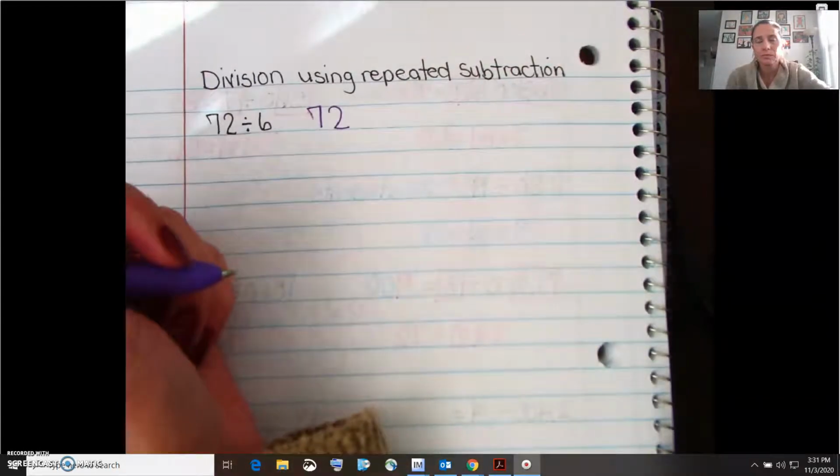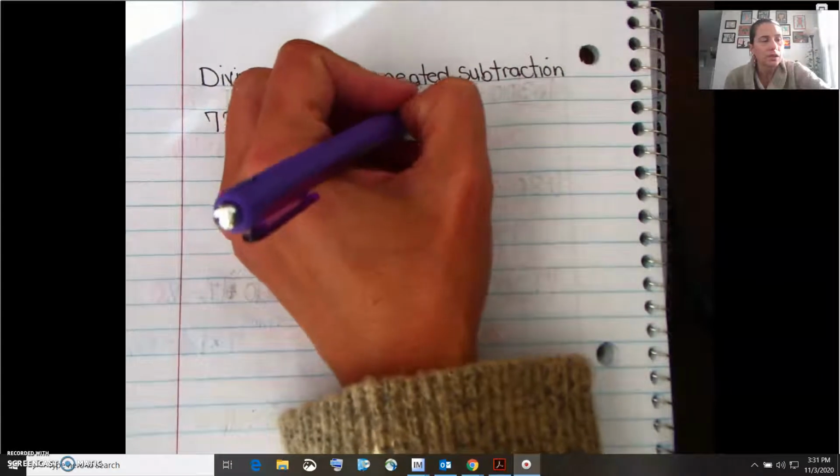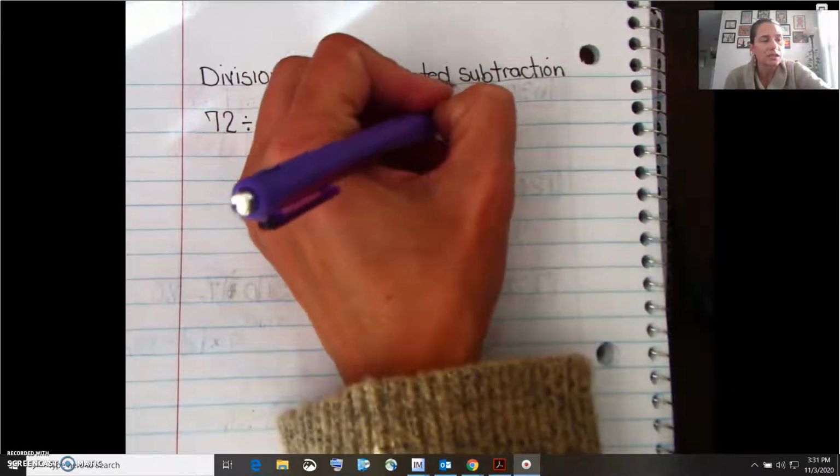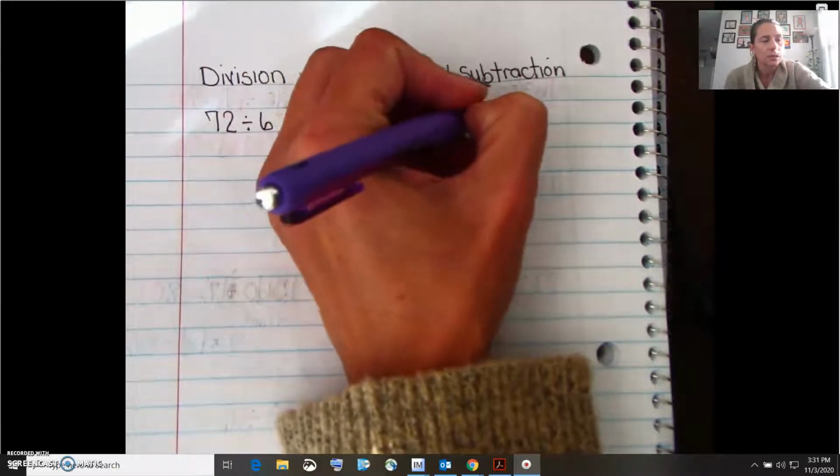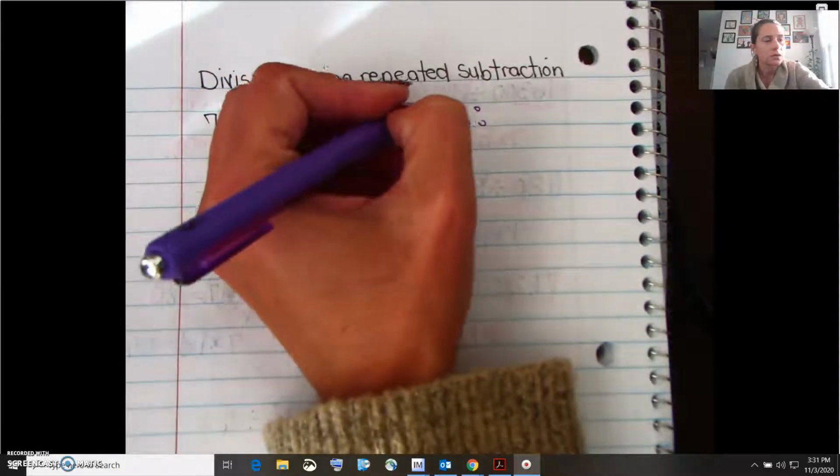our counters. So I'm going to go ahead and make 72. I'm going to do groups of 10 because that's going to be easiest for me. So that's 1, 2, 3, 4, 5.